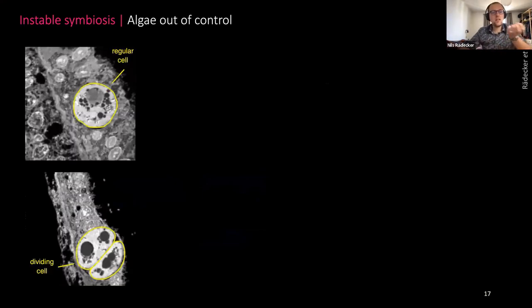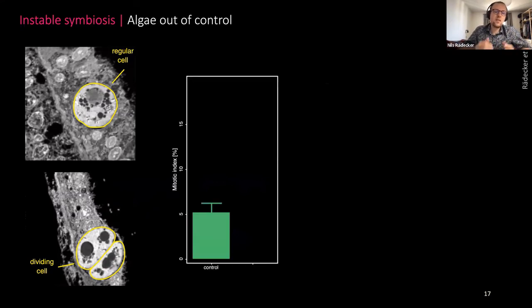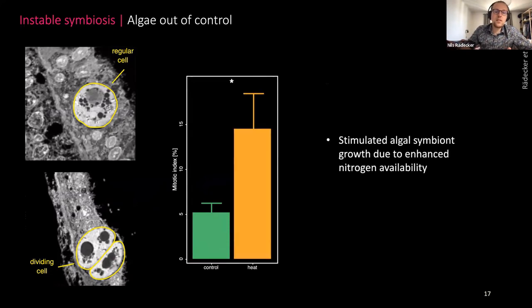And so we can use these nanoSIMS images now to not only quantify where these nutrients are distributed, we can also get an idea of how many of these cells at any given state are dividing. And so we can come up with a kind of mitotic index. And we see that during heat stress, we actually have 3 times the amount of dividing cells in the symbiosis.